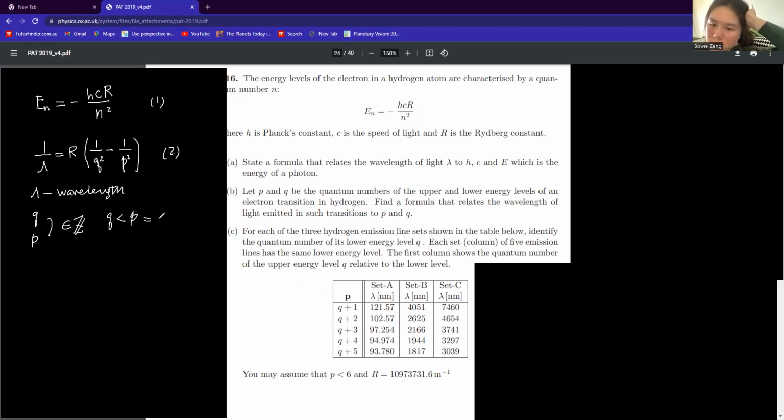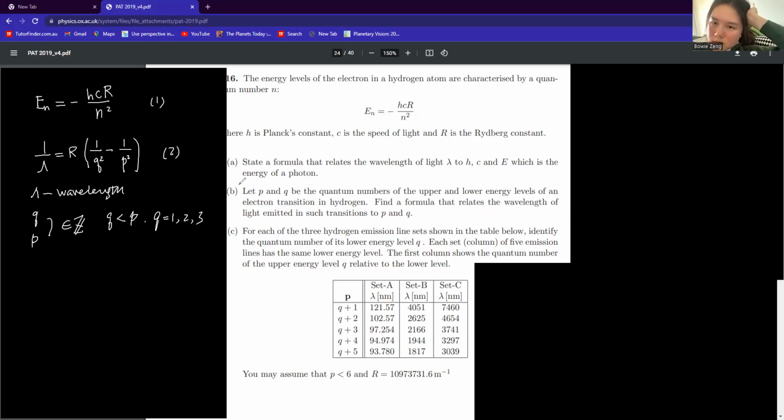Let's just talk about q. The smallest q is 1, then 2, and 3. Once q is determined, p must be larger than q. Can you follow me now?